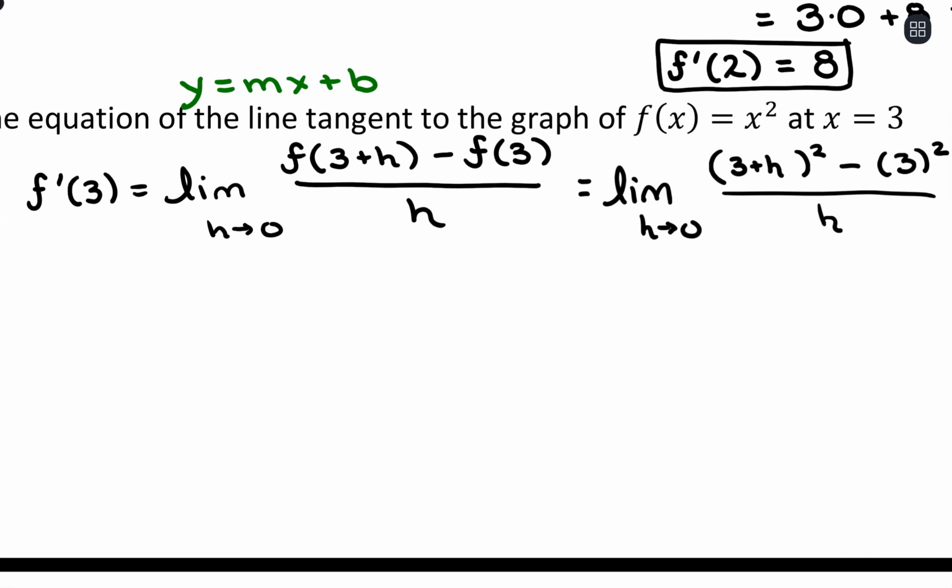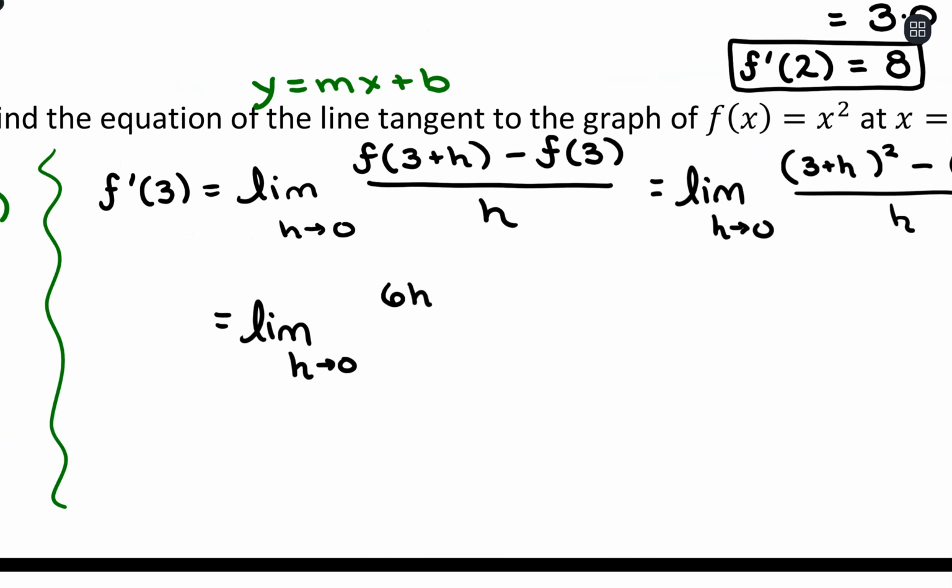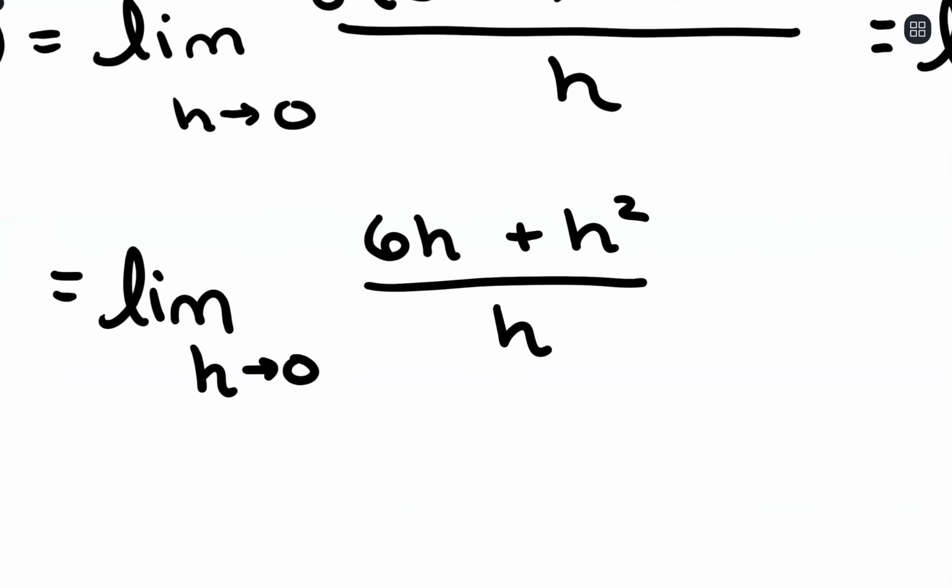So let me go ahead and rewrite that one so that we can really see the calculations here. So we have a 6h plus h squared over h. And there's a few ways to think of this in terms of cancellation. So in that last one, I just saw that I could take one h out of each piece.